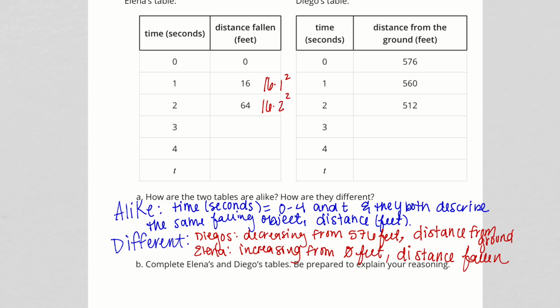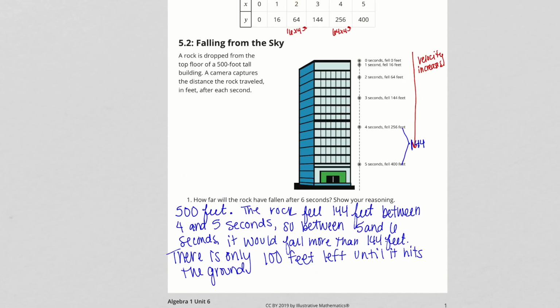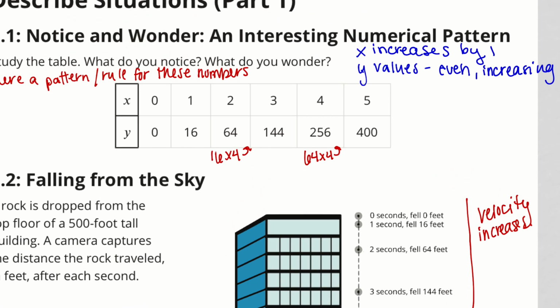Isn't that what we did earlier? Yeah, I think it's following the same pattern. Which I believe we had on our previous page back here. So it should be 144 and 256.